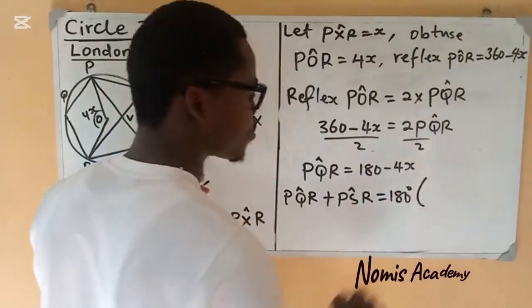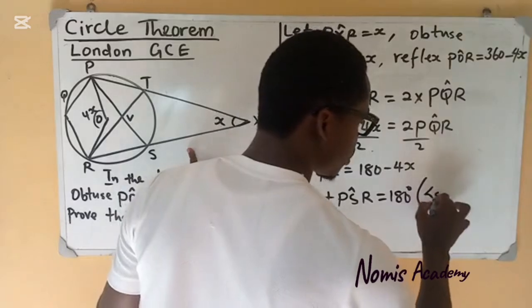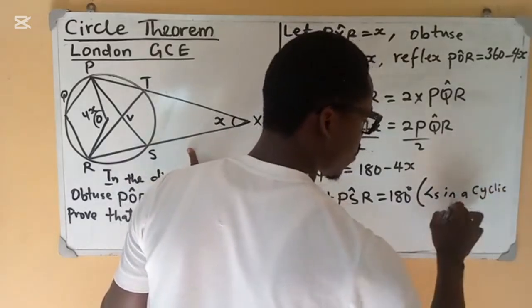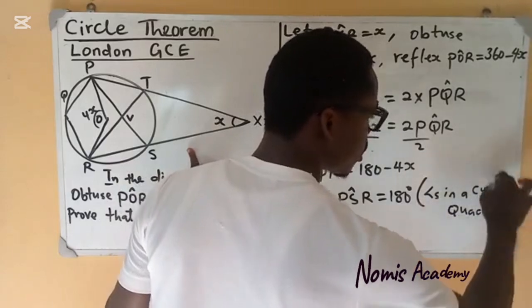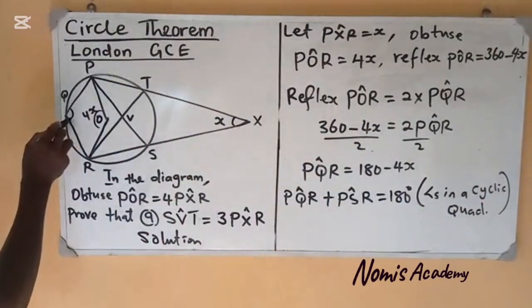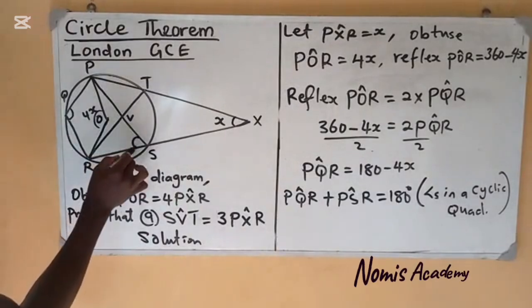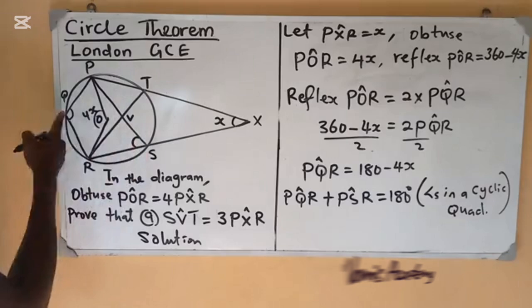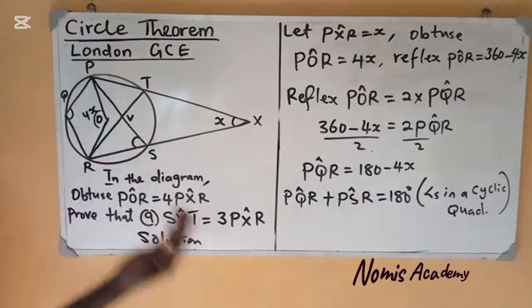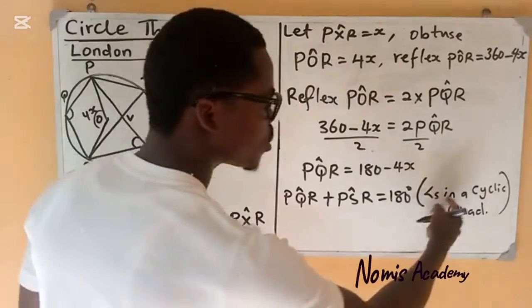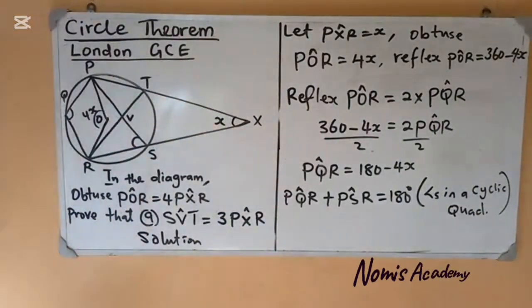That is angles in a cyclic quadrilateral. This angle at Q plus the angle at S sum up to 180 degrees.